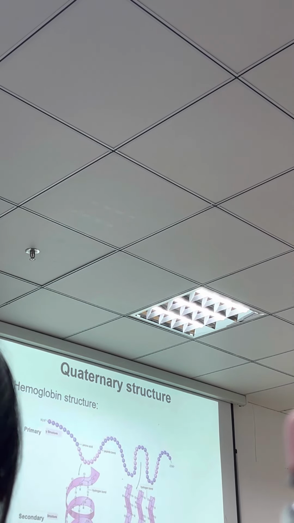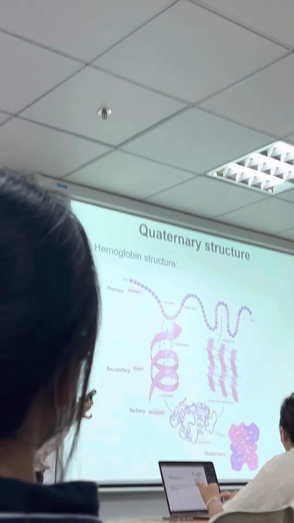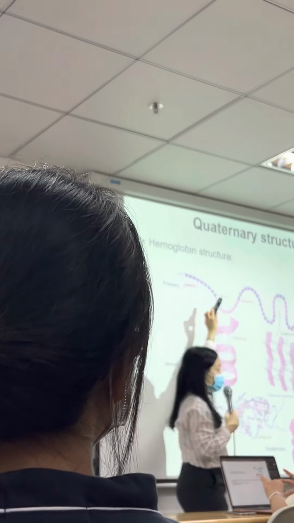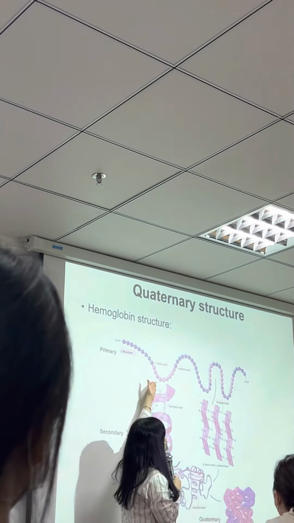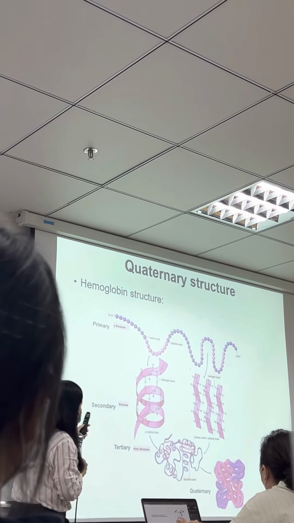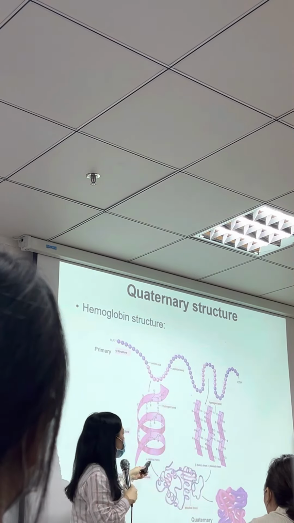So at first, when globin is synthesized, it has a primary structure, which is the chain of amino acids, or polypeptide. Then the backbone of this polypeptide forms hydrogen bonds to form either alpha helix or beta sheet.